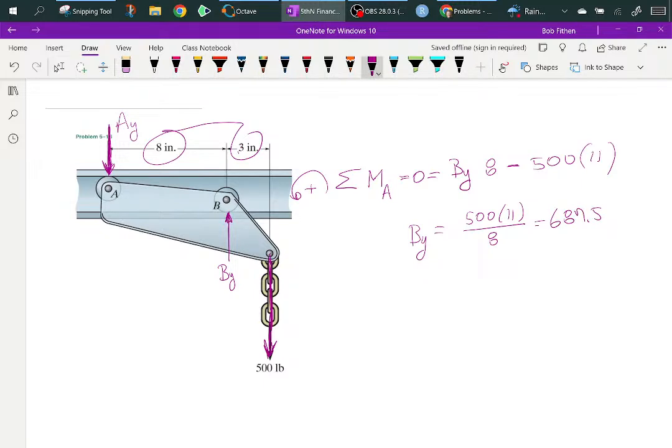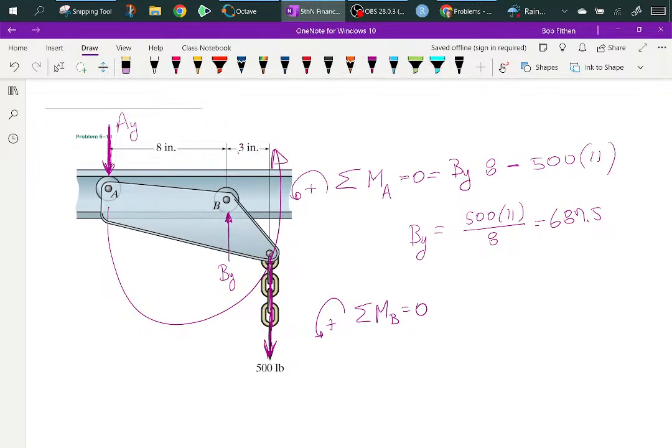Now, I want to sum the moments about point B. Okay, so I'm summing the moments about that point. So this one goes that way, and that is in the positive direction. That is AY, its moment arm from B back to A is that 8 inches.